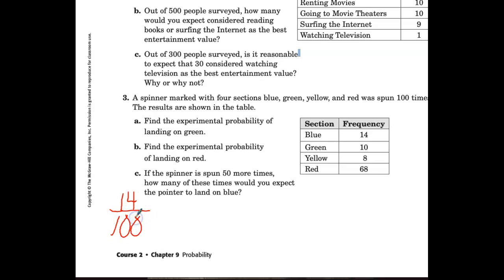What do I have to do to get 50 on the bottom? Divide by 2. Okay, so we divided this time because we needed to get a smaller number. 14 divided by 2 is 7. So if the spinner is spun 50 more times, we would expect it to land on blue 7 times. Our final answer would be 7. Oh, I wrote a 7 with a 2.